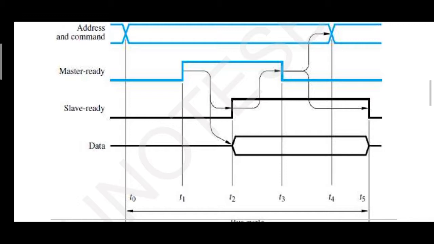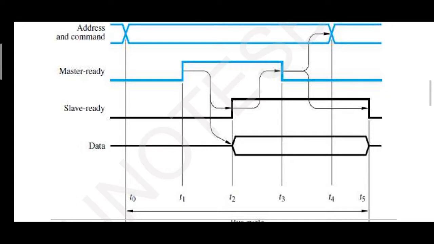So once the master ready signal is asserted by the device responsible for sending the data, the other device, responsible for receiving the data, also should assert a signal to indicate to the master that it is ready to receive the data. So after a certain interval, in the next interval T2, you can find slave ready will be asserted, right?